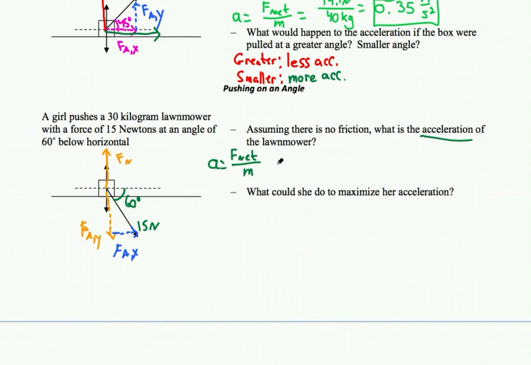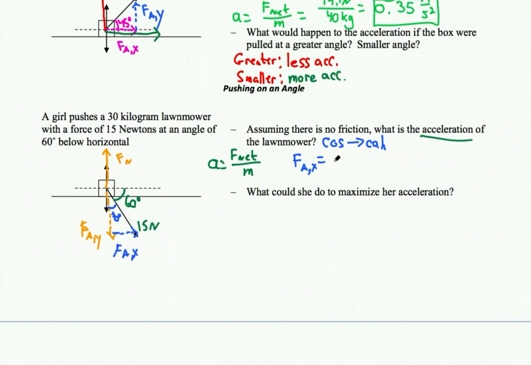Now, let's look at how to do that. F net is Fa comma x. And now we have to be careful with the angles here, right? So the 60 was for outside the triangle here. Inside this triangle, as I've drawn it, this angle would be 30 degrees. And the Fx component is not the adjacent side anymore, right? Normally we would do cosine here because cosine goes along with the CAH in our SOHCAHTOA, adjacent over the hypotenuse, but now it's the opposite side.